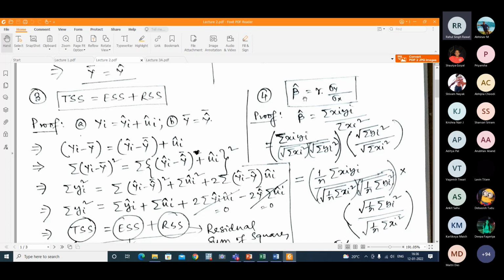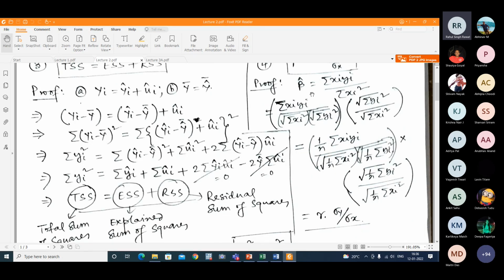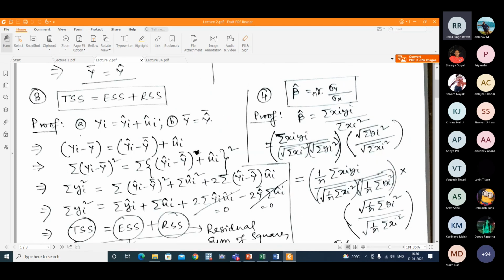So beta hat can be written as the correlation coefficient into sigma y by sigma x. How? Again, the derivation process is given here. Beta hat, this is the formula we know, and I am just rewriting this formula in this way.